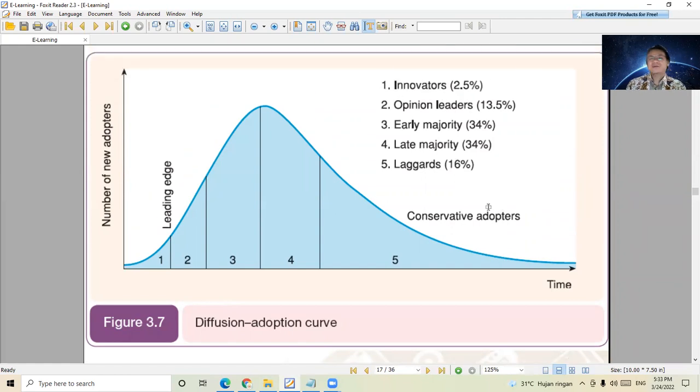As for me, if you ask me, I don't own any company, but assuming I have my own company, I would probably choose early majority, as it is the safest. Not too late, but not too early.